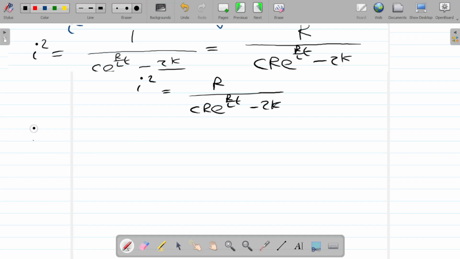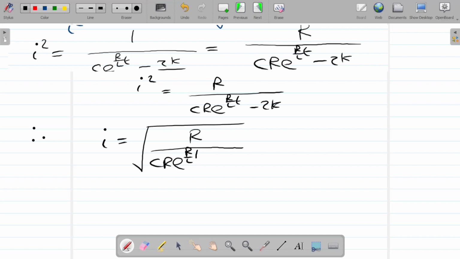So therefore, I is equal to the square root of R divided by C R e to the R over L t minus 2K.